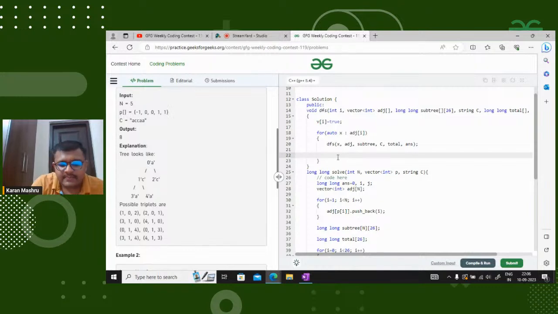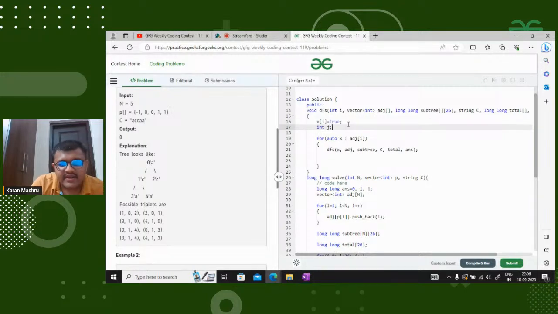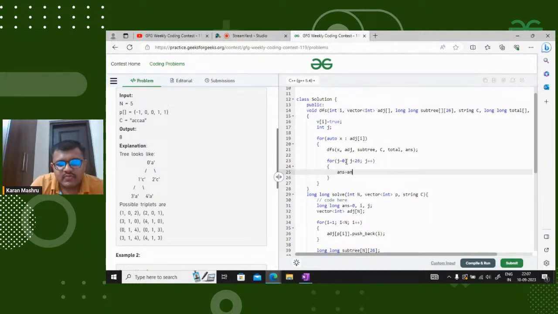So can I say, let me take int j. For j equals to 0, j is less than 26, j plus plus, my answer would be equal to answer plus, pick the jth character from the subtree starting from x. So subtree of x and the jth character, and take the jth character from another branch that would already be calculated in the subtree represented by I and j, and multiply it with 2, because there are two such paths.